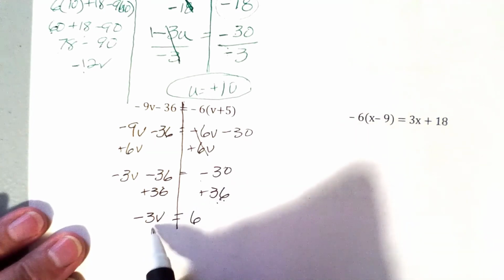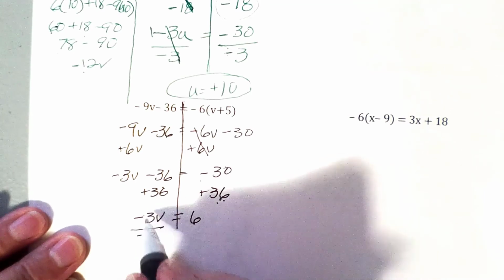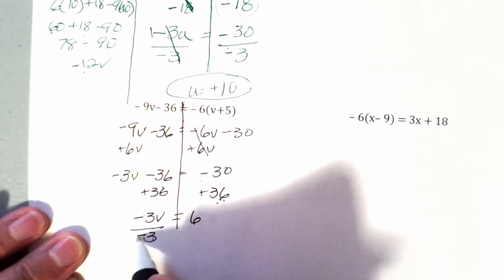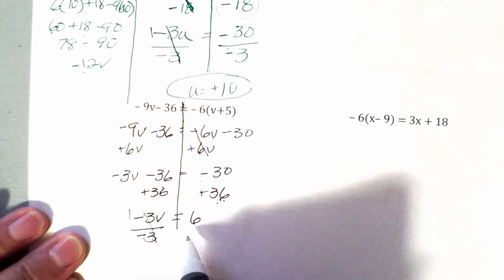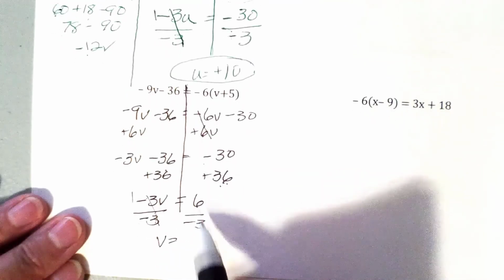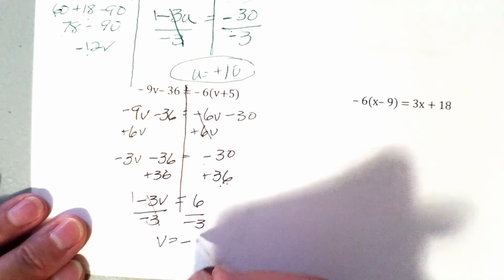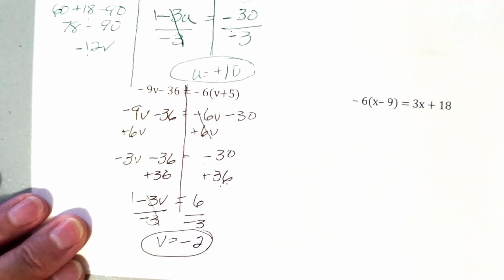I still want just the v, so I'm going to divide. So negative 3 divided by negative 3. Notice how I put the negative there so that it becomes a positive 1. I want a positive v. But if I do it here, I do it here. So I have v equals 6 divided by negative 3. 6 divided by negative 3 is negative 2. So v equals negative 2.